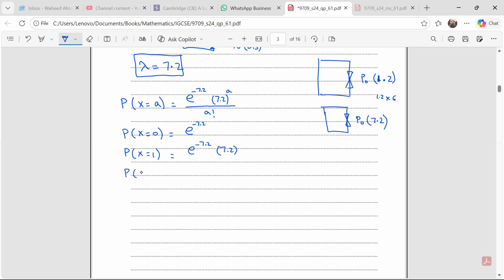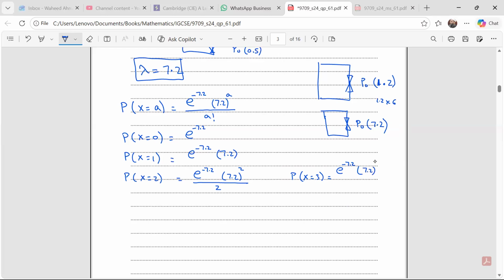For two passengers, it is e to the power minus 7.2 times 7.2 squared over 2 factorial. And for three passengers, it is e to the power minus 7.2 times 7.2 cubed over 3 factorial.